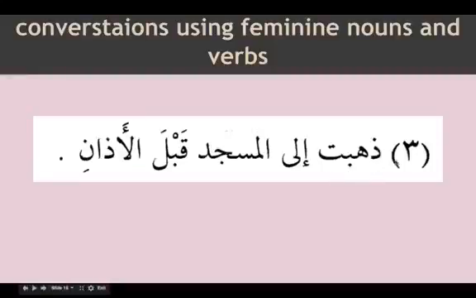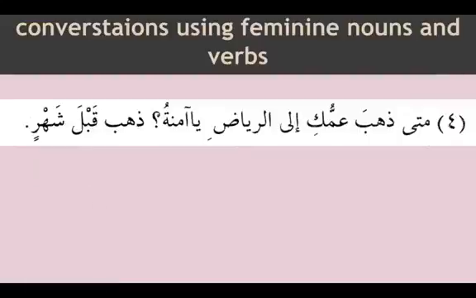So it is جملة فعلية. ذهب is your فعل. تو is فاعل. إلى المسجد جار مجرور. قبل is ظرف and الأذان is مضاف إليه. So we can analyze the whole sentence. Subhanallah. So متى ذهب. Again here we have to look for the فاعل. متى is ظرف, when. ظرف zaman is asking about time. ذهب is a فعل, so we're looking for the fa'il.